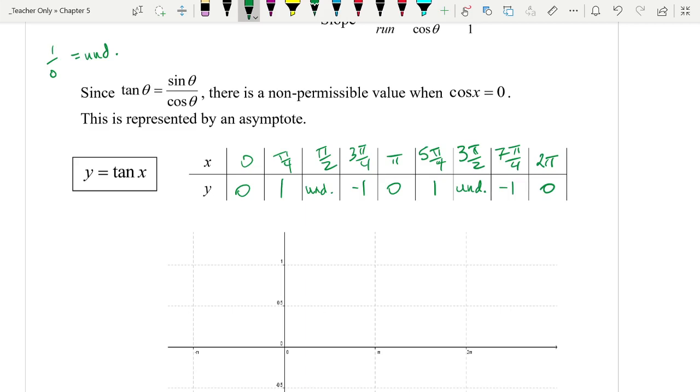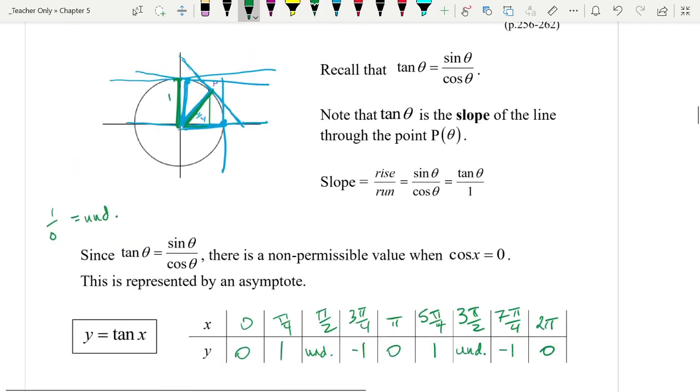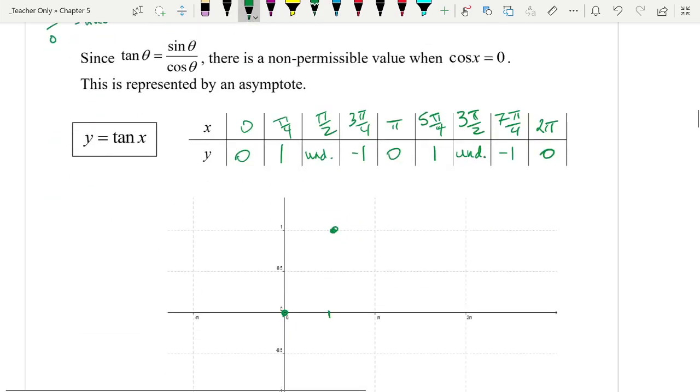So this thing here is going to look like this. It goes through 0. By the time I'm at pi by 4, I've made it up to 1. And then, kind of like it shows here, as I move this radius arm further and further that way, the slope gets higher and higher until it actually becomes infinite.